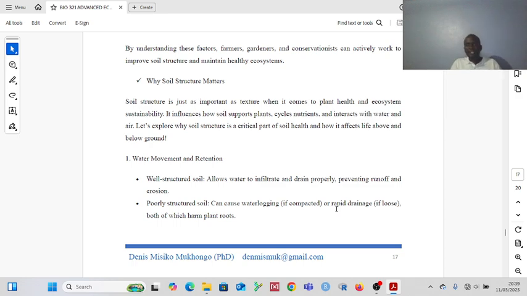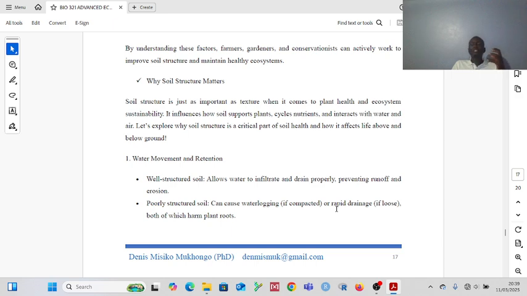So you need to understand soil structure because it impacts how water moves and how water is retained in that particular ecosystem. If the soil is well structured, it will allow water to infiltrate and drain properly.